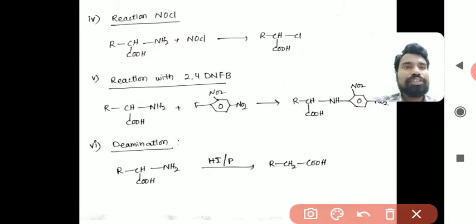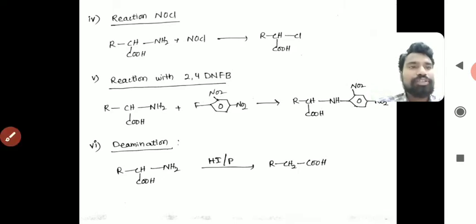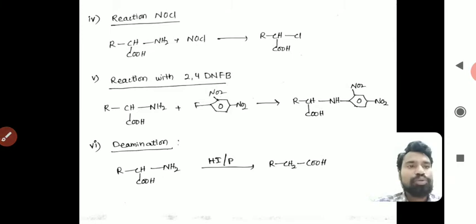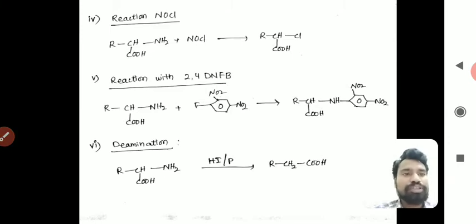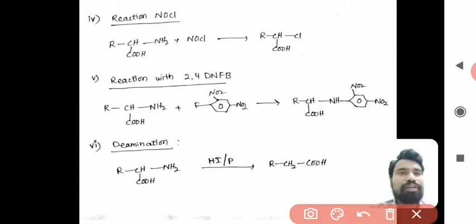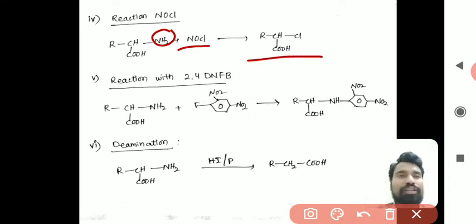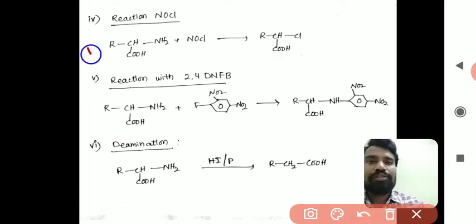The next one is reaction with NOCl. When this amino group, that is the NH2 group, reacts with NOCl, Cl minus substitution takes place. So in place of NH2 you will get Cl, that is, chloride is substituted in the place of NH2. So that is the reaction with NOCl.